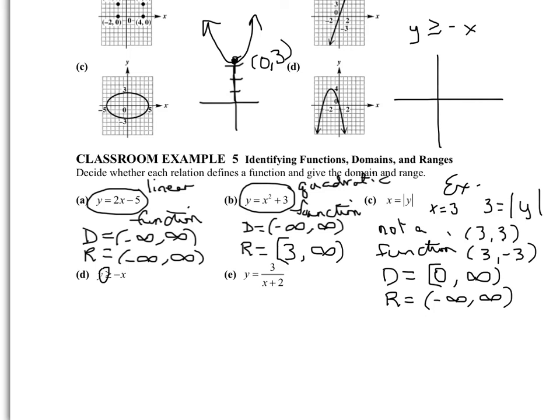If it were y equals negative x, I know (0, 0) would be on the line. If x were positive 1, then that would mean y is negative 1. If x were negative 1, that would mean y is positive 1. And what I have is a line that passes through these points.